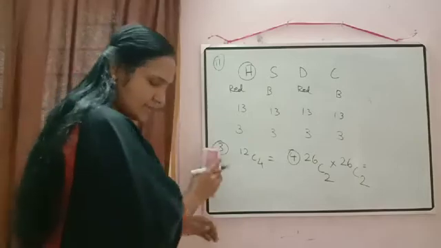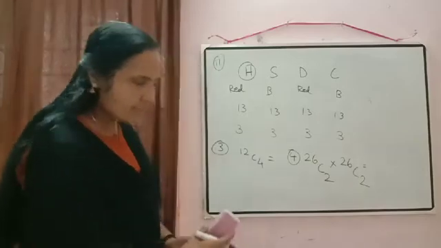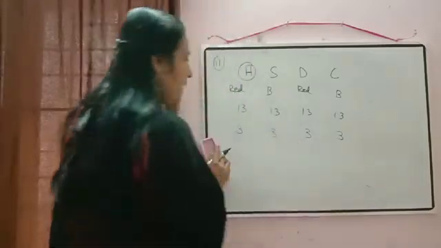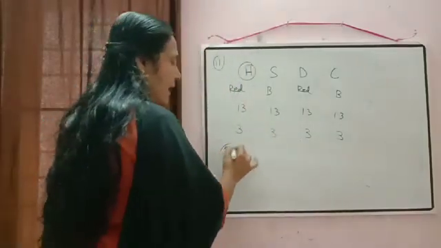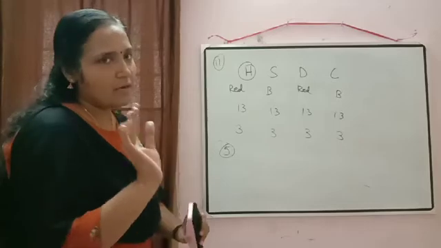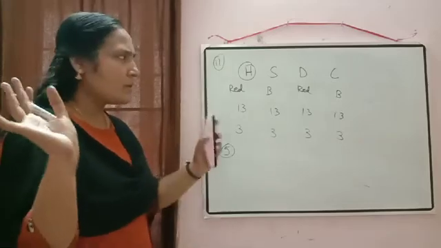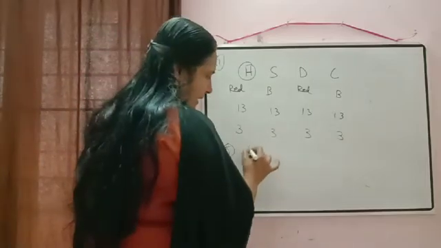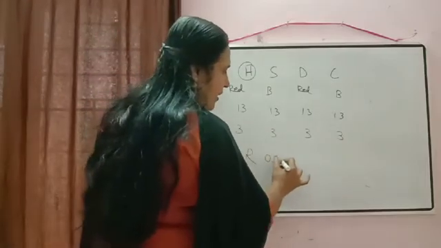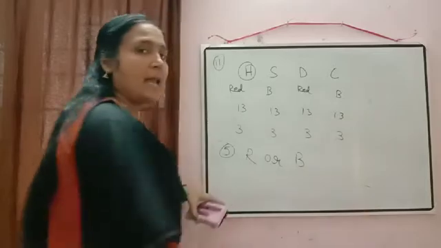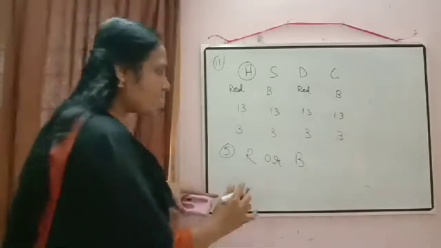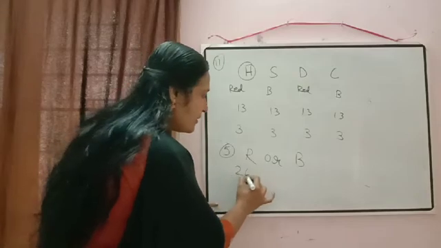Now the last condition is written: cards are of the same color. The 4 cards which you are selecting should be of the same color. What are the colors available in a pack of cards? I need either red color or black color, 4 cards. So how many red cards do we have? 26.